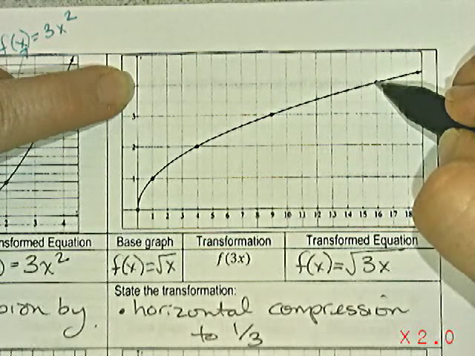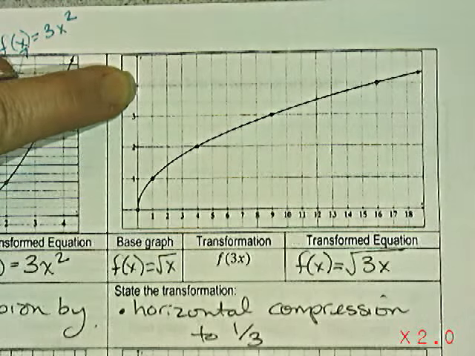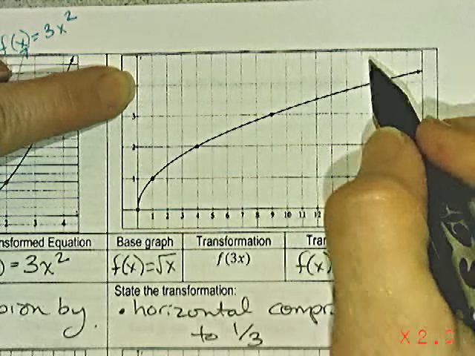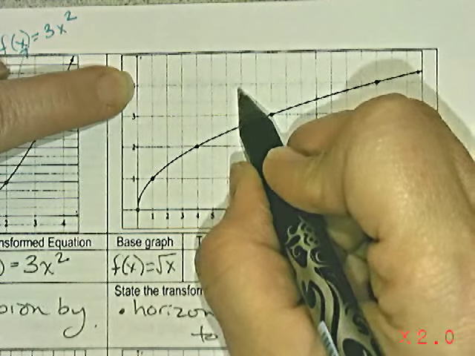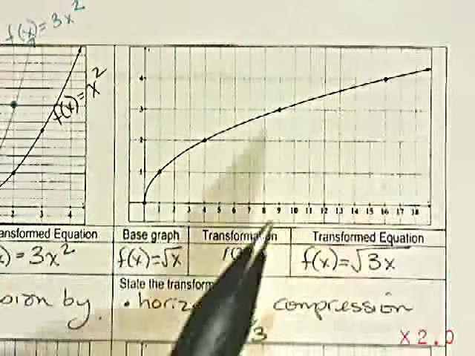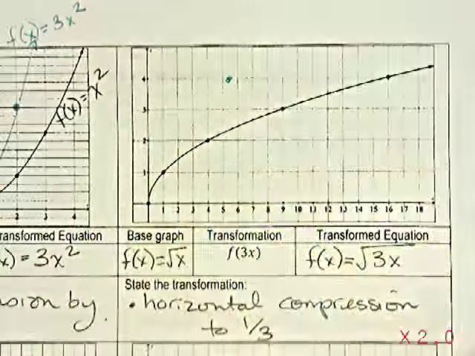And so 16 divided by 3 would be just a little over 5, 5 1/3, 16 thirds. So we would come out here to 5 1/3 and go back to a third of what that horizontal distance was.